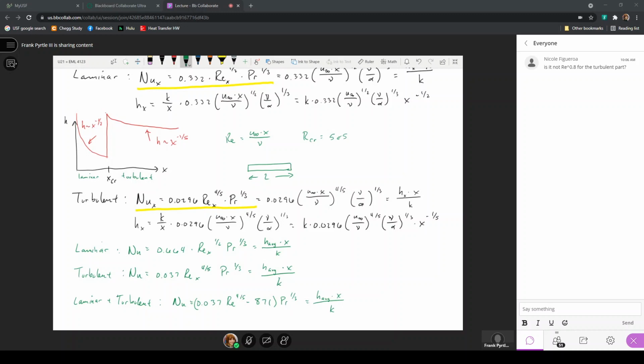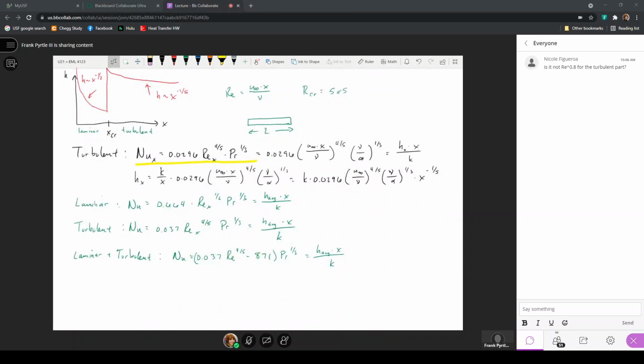So we'll look here at a couple of problems, and all of these properties that are used for the laminar and turbulent flow conditions, whether we're calculating an average Nusselt number or a local Nusselt number to get an average heat transfer coefficient or a local one, we're going to evaluate the properties at what is called the film temperature.